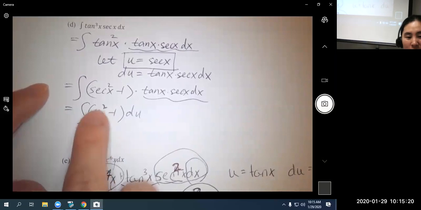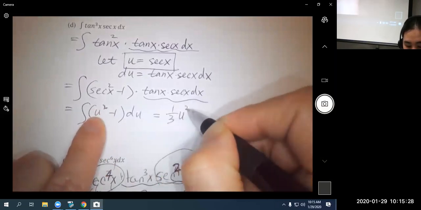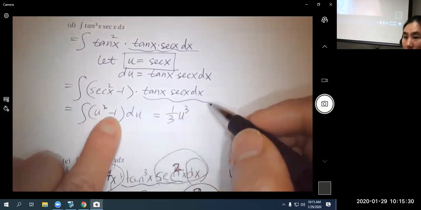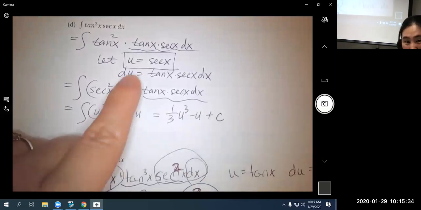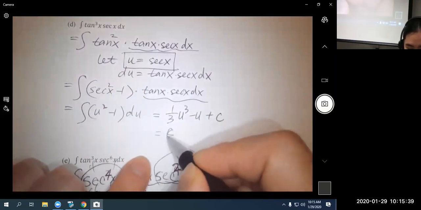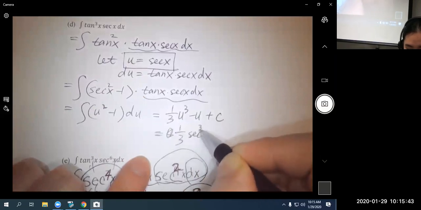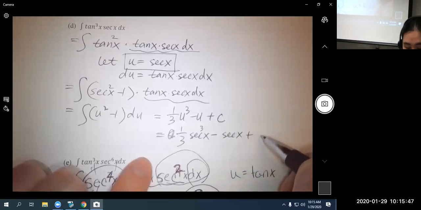So what is the antiderivative for u squared minus 1? We should get 1/3 u to the cube minus u plus c. So what is u? It's 1/3 secant of x to the cube minus secant of x plus c.